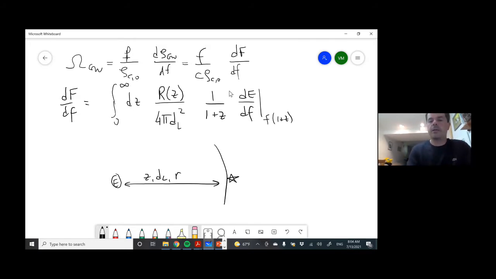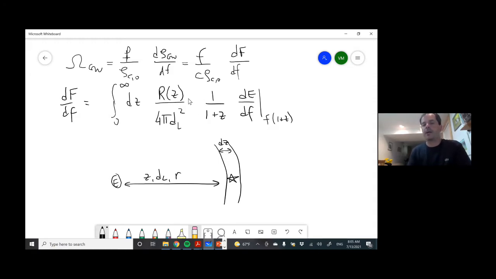So we're looking at this range here in redshift dz, and counting up the sources that are gravitational wave sources sitting in that shell of size dz, such that all sources from that shell would produce energy spectrum dE/df, which we would first have to rescale by this factor of 1 plus z.